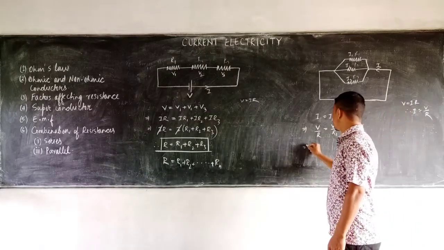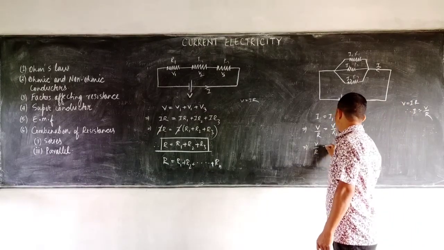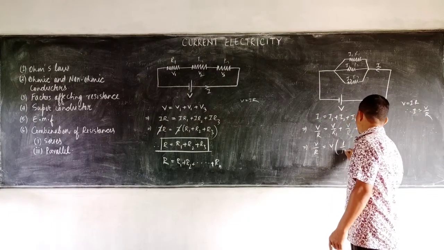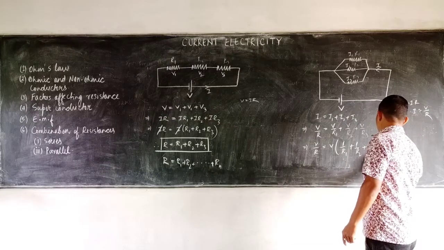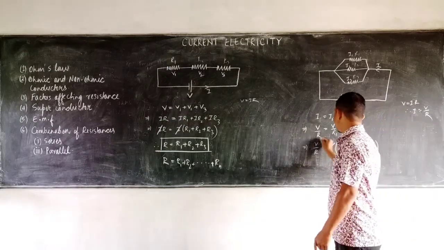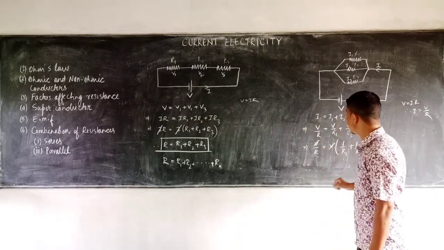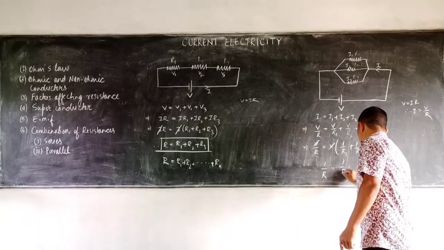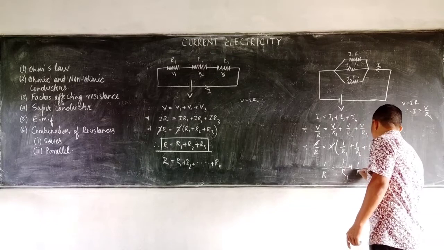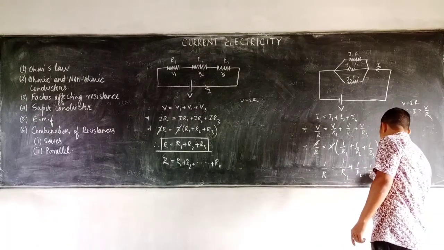Now taking V common on the right hand side, I will get V times 1 divided by R1 plus 1 divided by R2 plus 1 divided by R3. Finally, V and V I can cancel. Therefore the inverse of the equivalent resistance, 1 by R, will be equal to 1 by R1 plus 1 by R2 plus 1 by R3.